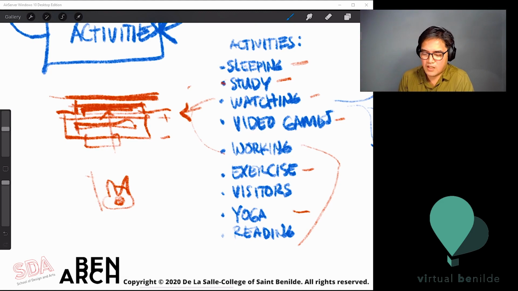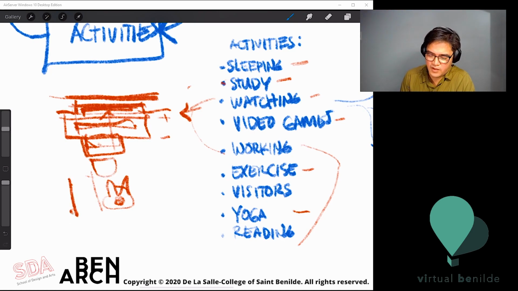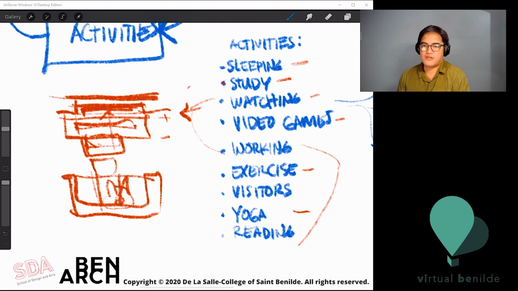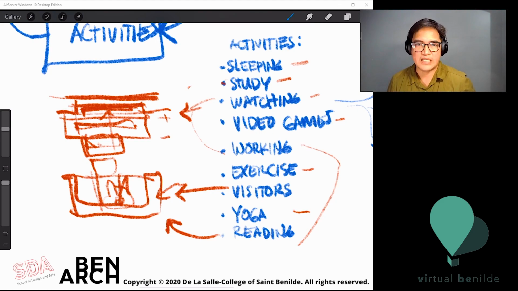And then, of course, your gaming should also be considered. Is this going to be a desktop type, or do you have a PC there, or a PlayStation, or console gaming, and what sort of seating do you want? Here you're hitting two considerations, with a sofa that is for visitors, and this could also be for reading. Are you comfortable reading on a sofa, or a chair, or with a table? It depends on you.